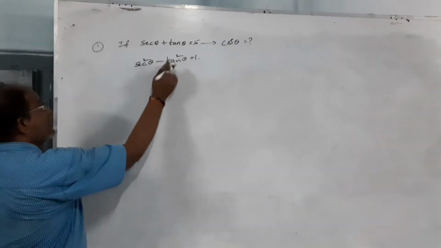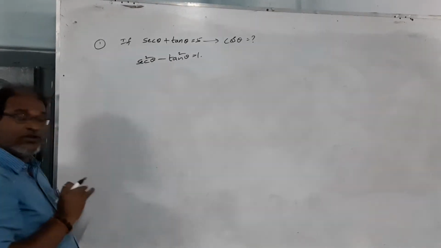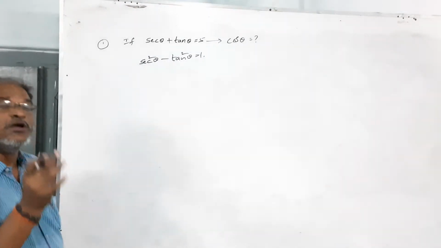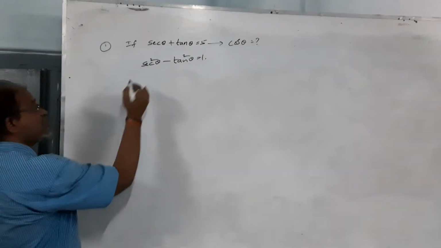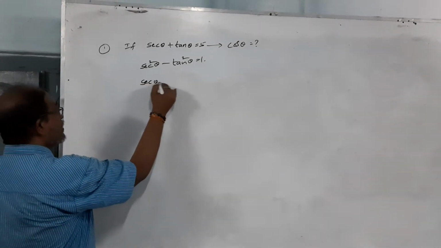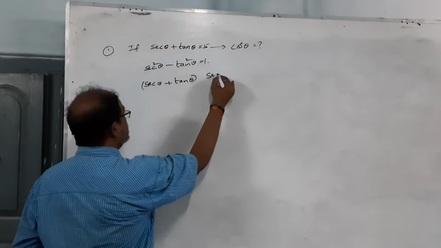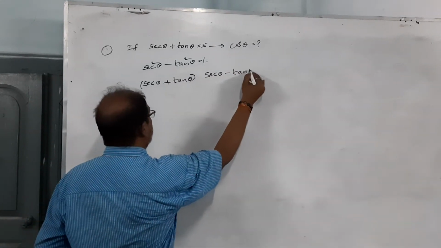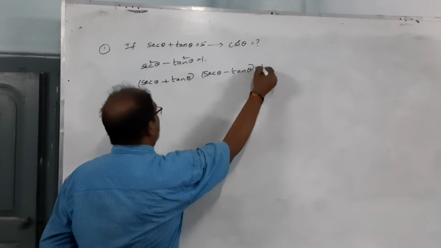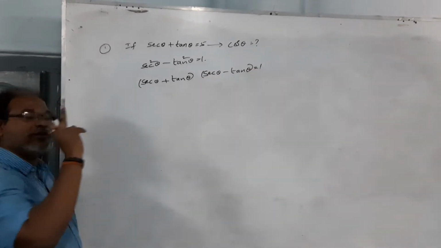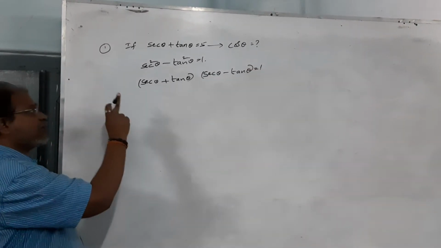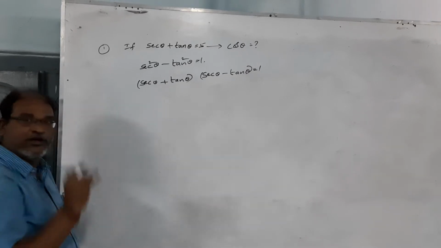Now, it is in the form a square minus b square, that is a plus b into a minus b. Secant square theta minus tan square theta equals 1 means secant theta plus tan theta into secant theta minus tan theta equals 1.